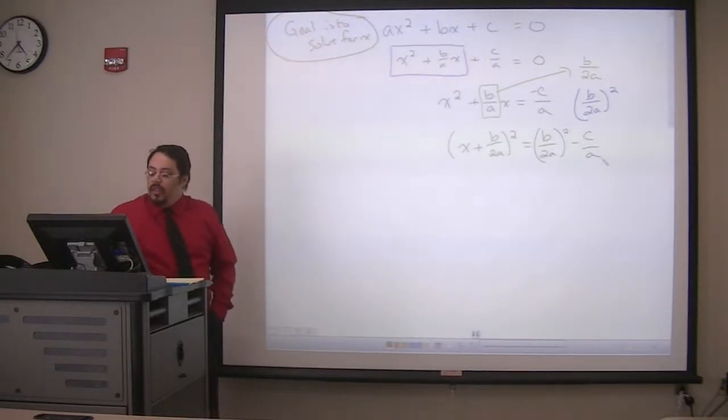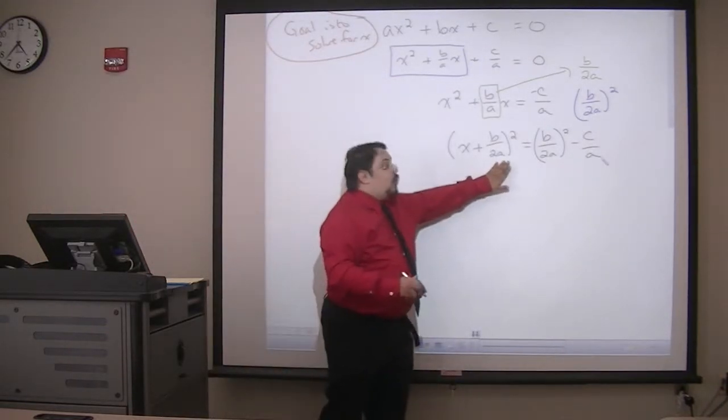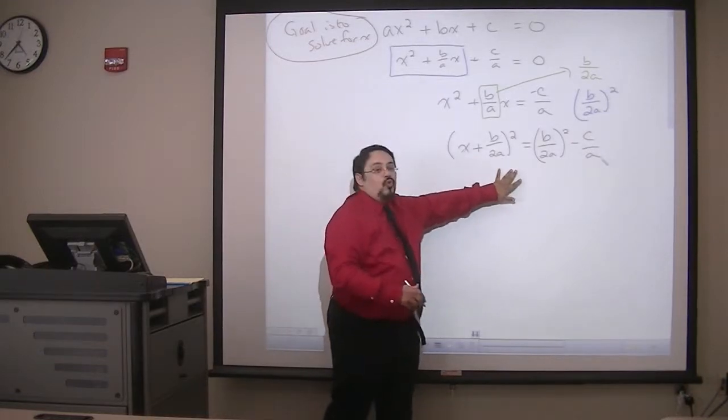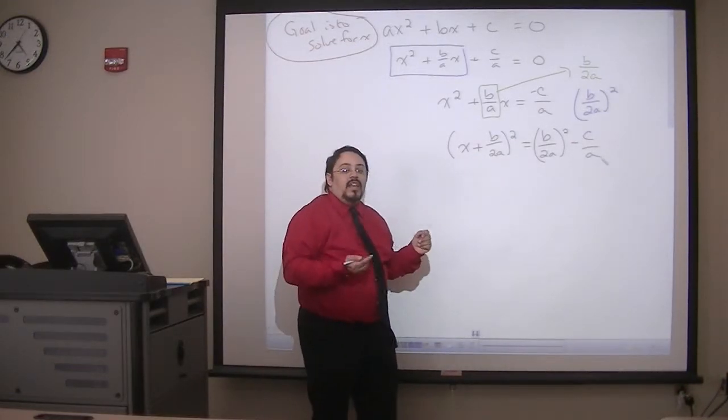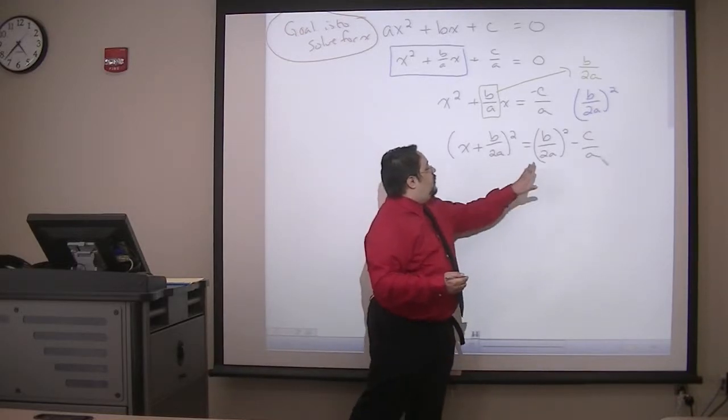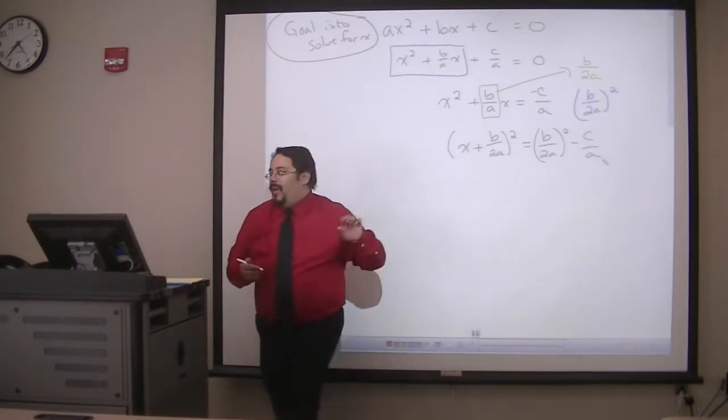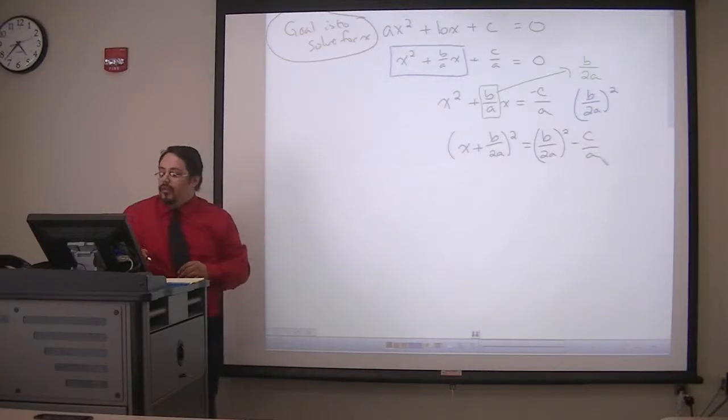So we know that right here, we're going to end up taking the square root of both sides, the positive and negative square roots. But let's go ahead and clean up this side over here. It's kind of messy, and make it a little more simplified.